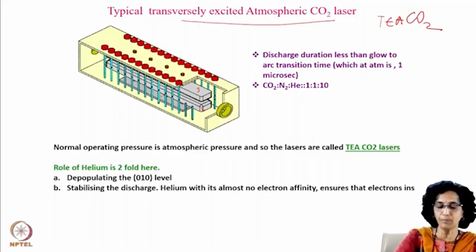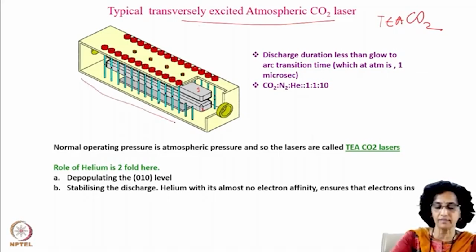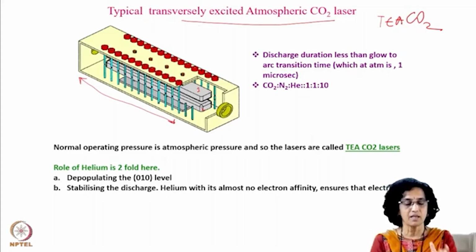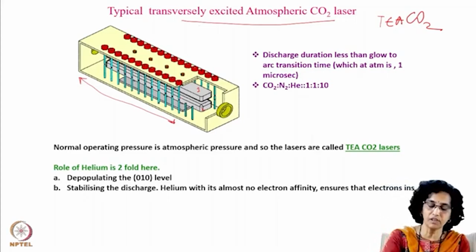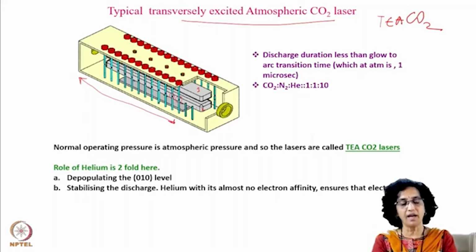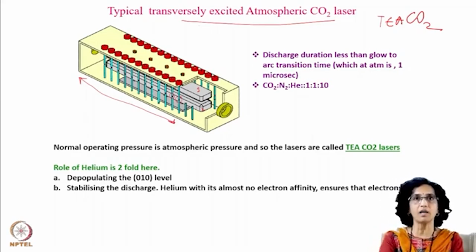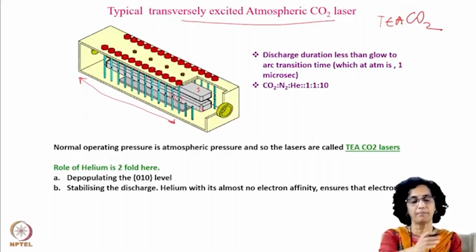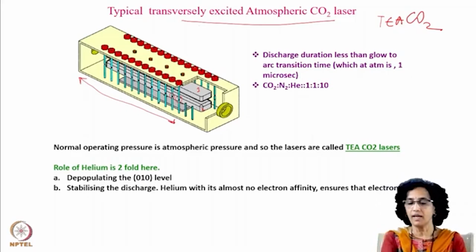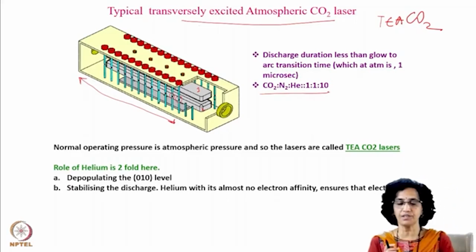And these are the pre-ionization pins, which are placed all along the length of the CO2 laser at regular gaps, so that the UV photons emanating from the sparks when these fire into the intermediate gap can cause the pre-ionization, and they ensure that there is no arc but a good glow discharge when the capacitor discharges into the laser.